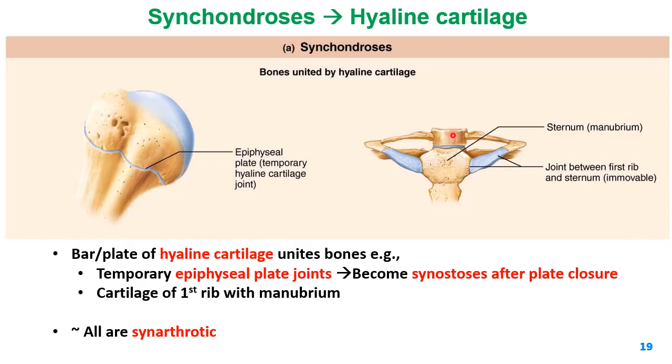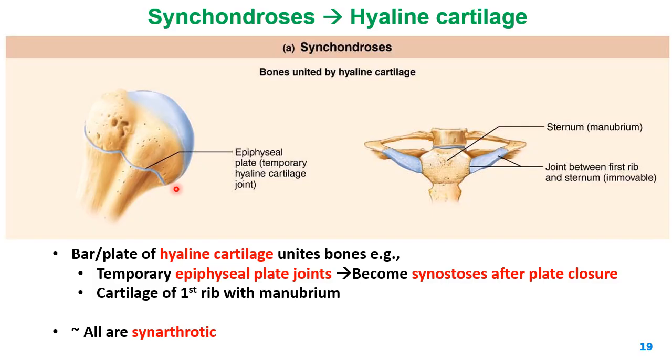That's your first rib that is coming all the way from your vertebral column right there. So the first rib goes to the sternum, to the manubrium. This cartilage right here doesn't move. So this is your hyaline cartilage that is not moving and is connecting your first rib to your manubrium at your sternum. So this is a synchondrosis.